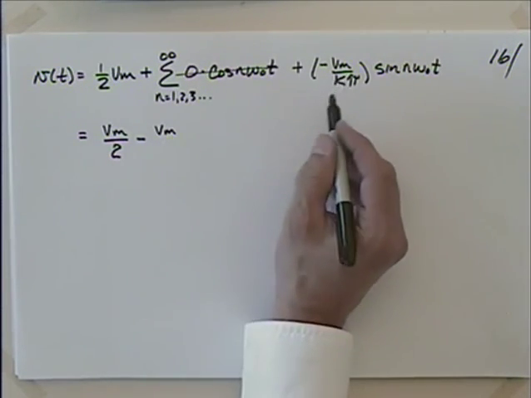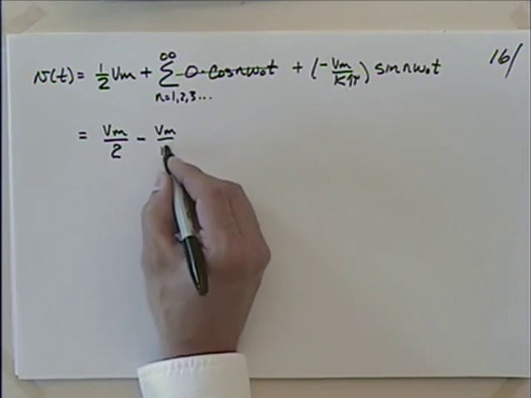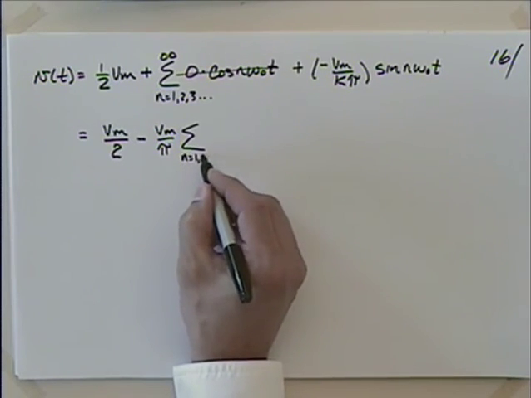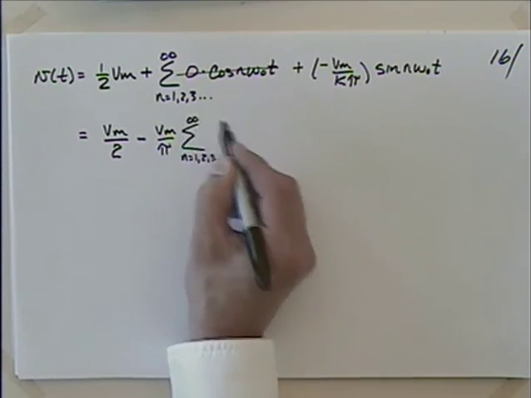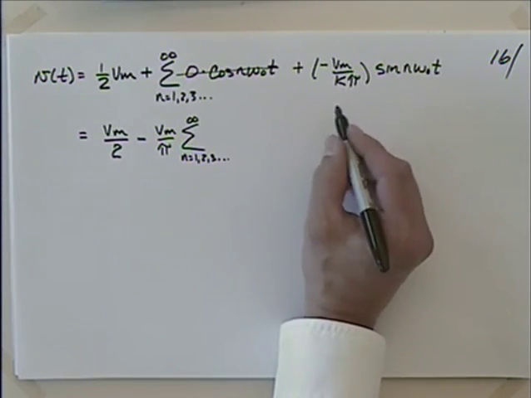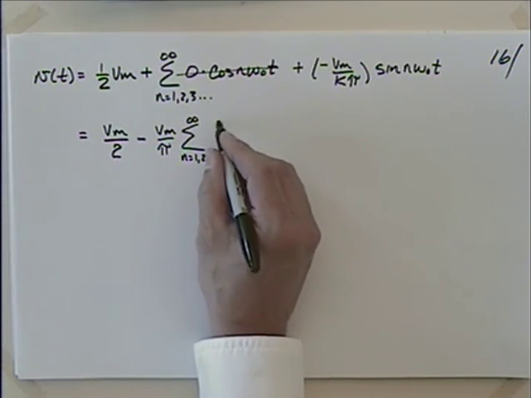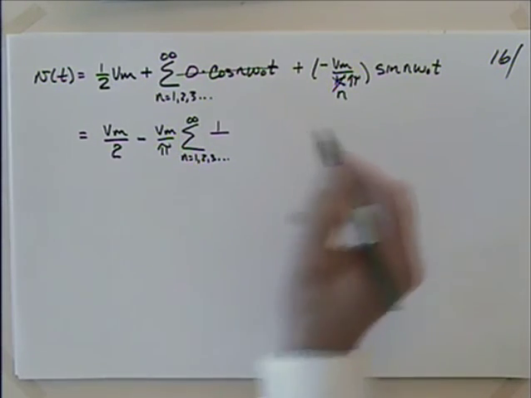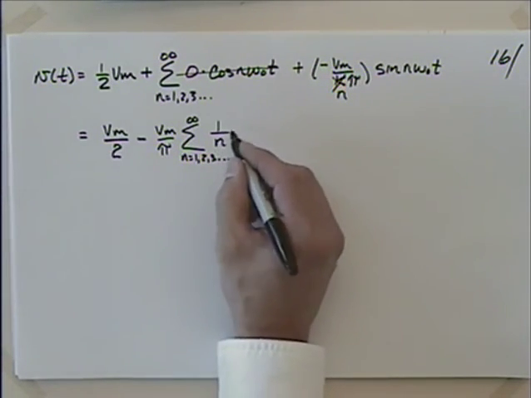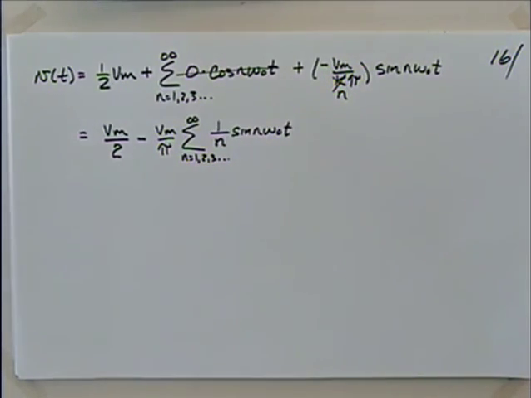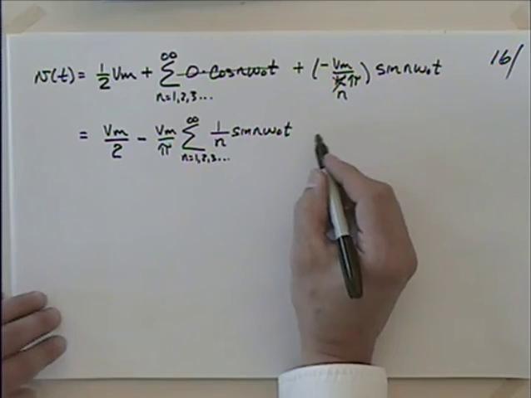Vm is a constant. I can bring that out. Pi is a constant. And then I will have the sum through infinity. If I've taken out the negative, the Vm, and the pi, I will have 1 over, and I shouldn't have written the k. This should really be n. So I'll have 1 over n times the sine of n omega naught t. Should at least be consistent.